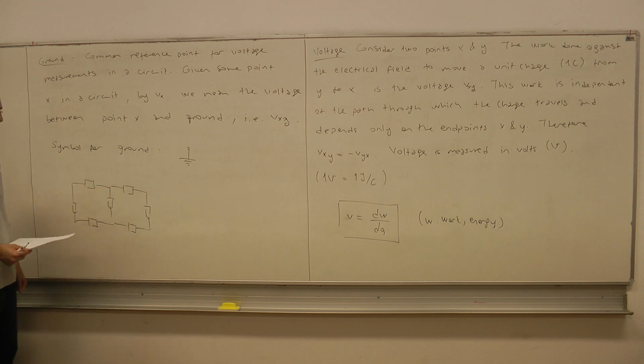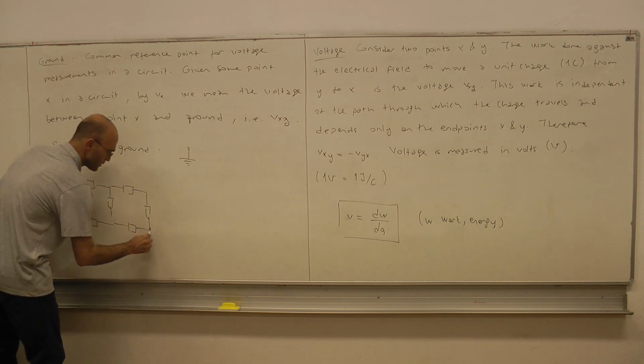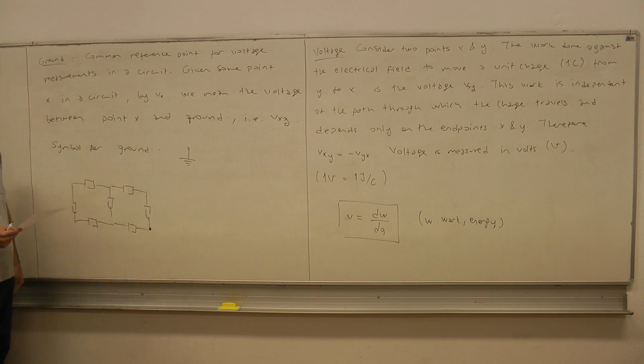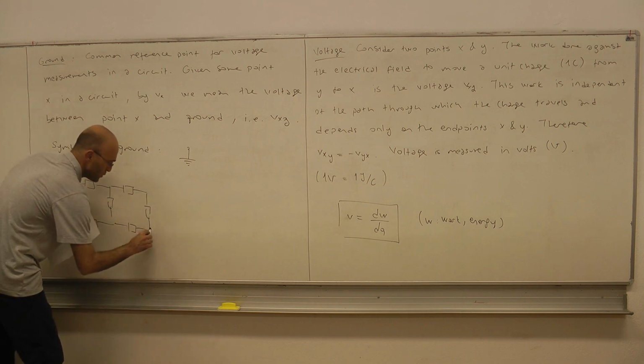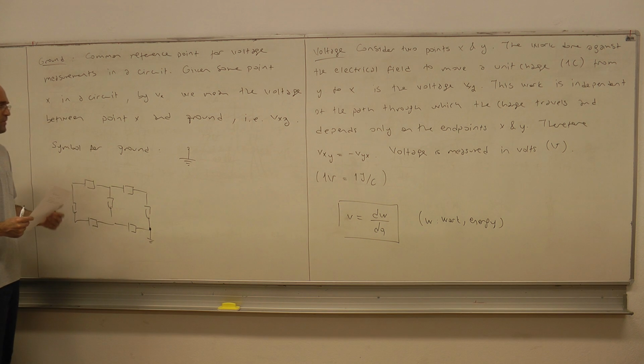This is the circuit, and you want to measure all the voltages with respect to this reference node. To indicate that that is your reference node, that's your ground, you draw this symbol attached to that point.